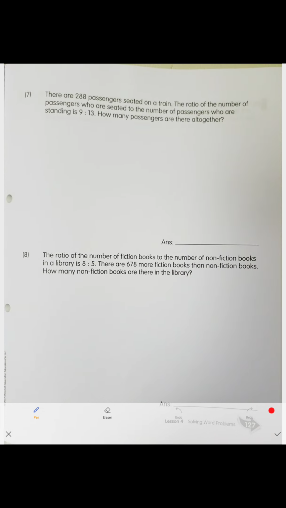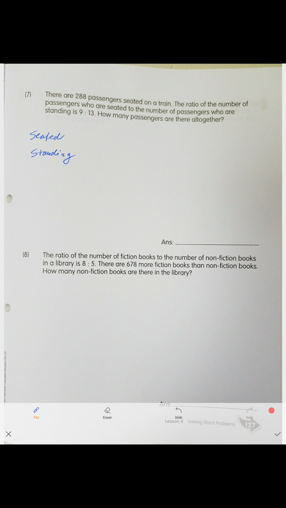Problem number 7. There are 288 passengers seated on the train. The ratio of the number of passengers who are seated to the number of passengers who are standing is 9:13. How many passengers are there altogether? All right, so you have two types of passengers: seated and standing.